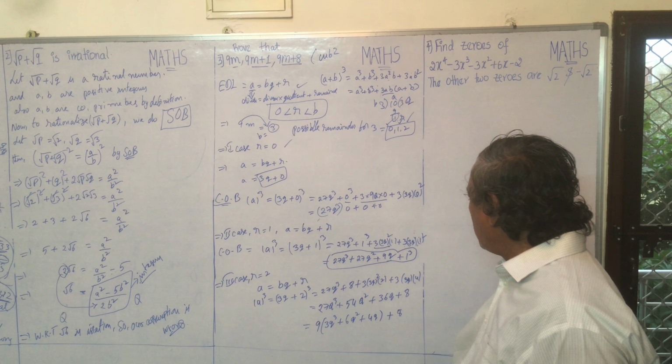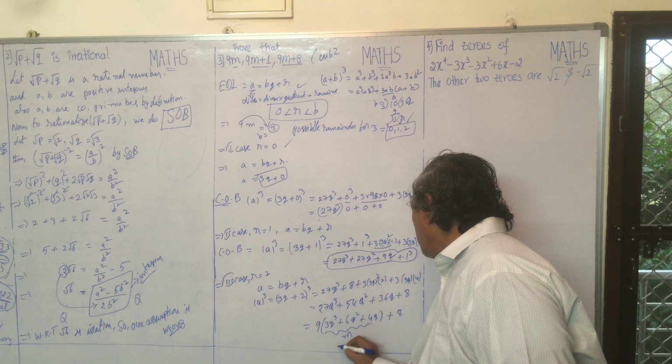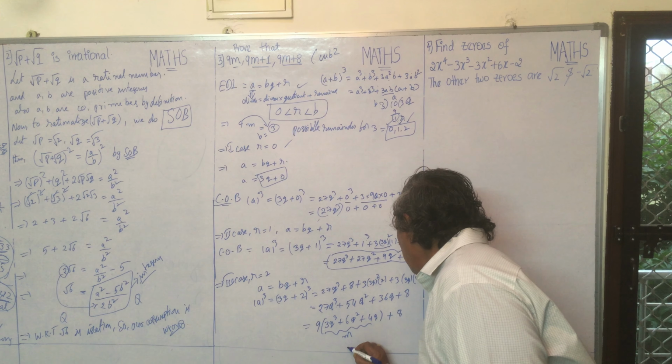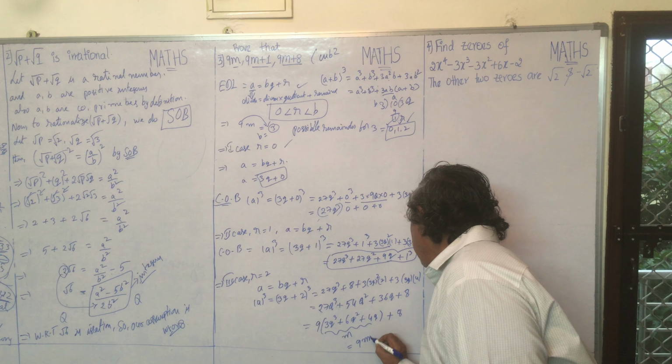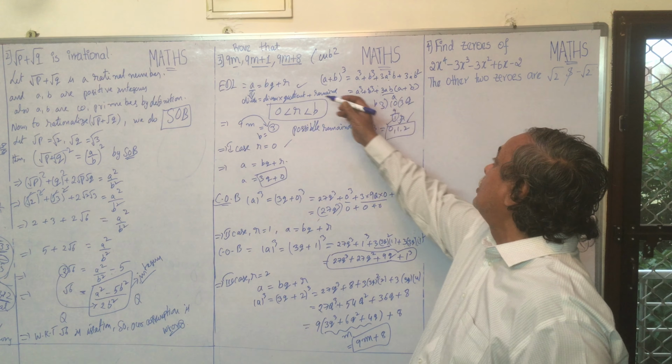9 and plus 8. Now if you represent this by m, m is equal to 9 and plus 8. Here it is proven. This is 9 and plus 8.